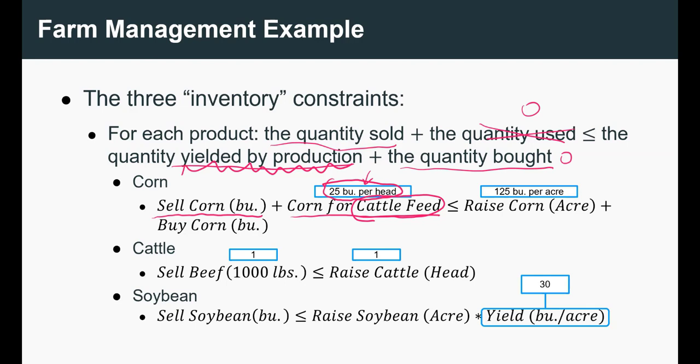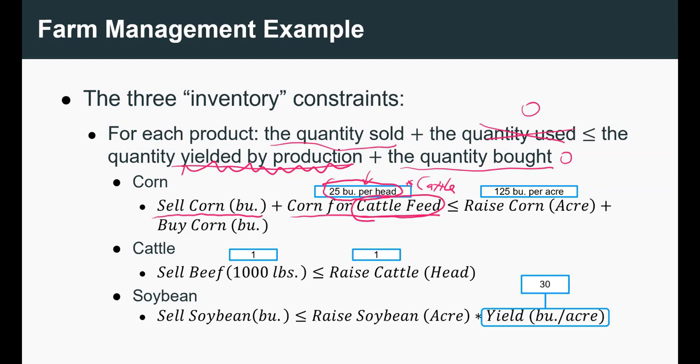So the unit is 25 bushels per head. So here you times this 25 bushels per head times the heads of cattle, and the product of those two is the quantity of corn for cattle feed.